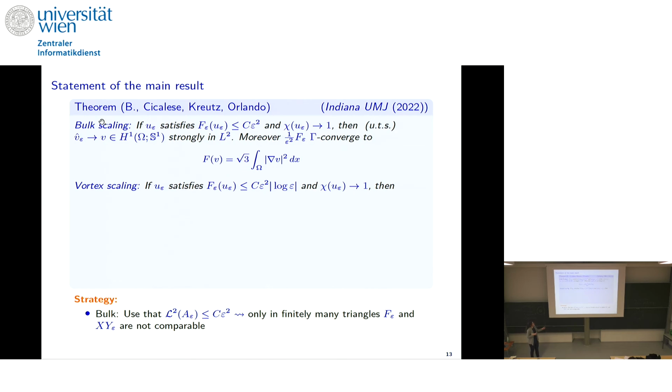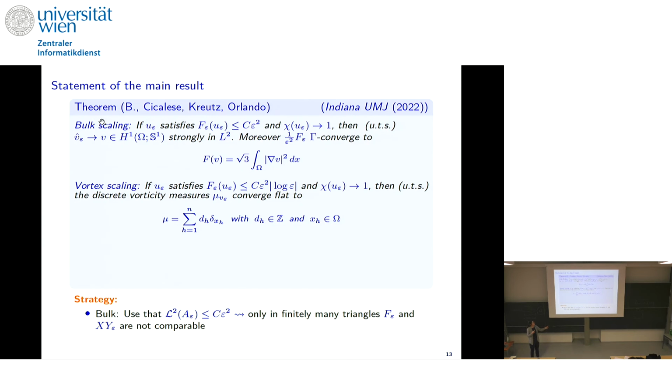But you can use this to show that if you want to allow for topological singularities in the limit, let's say if you allow your energy to blow up like epsilon squared log epsilon, and you still assume that your chirality converges to 1, then you have a nice discrete vorticity measure. I didn't tell you about this yet, but you can also just think about the Jacobian of your piecewise interpolation of the u epsilon.